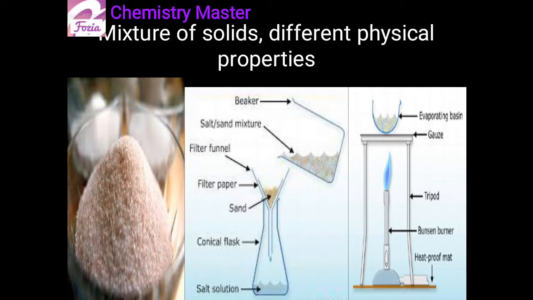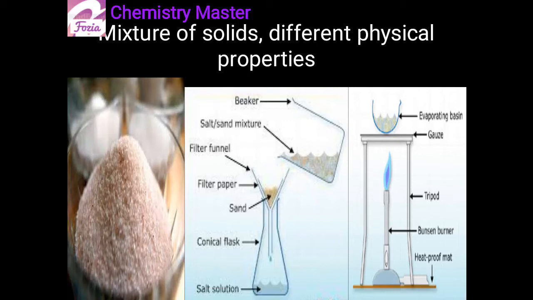To separate the mixture of two or more solids, we make use of their solubilities in a solvent. Here I will revise what a solute is, what a solvent is, and how we define a solution. Suppose we have sugar as a solid and water as a liquid.